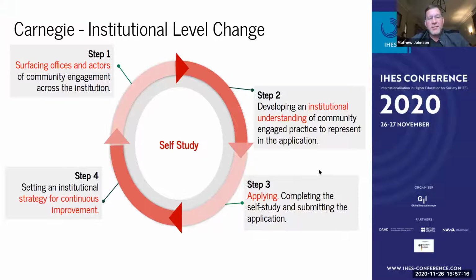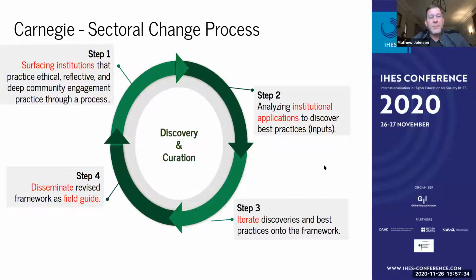They use that institutional understanding to apply for the classification. And then after they are either classified or not, they set a strategy to continue the improvement, either to gain the classification in the next round or to continue their forward movement, because the classification is not a permanent designation. They will have to reclassify in a number of years.